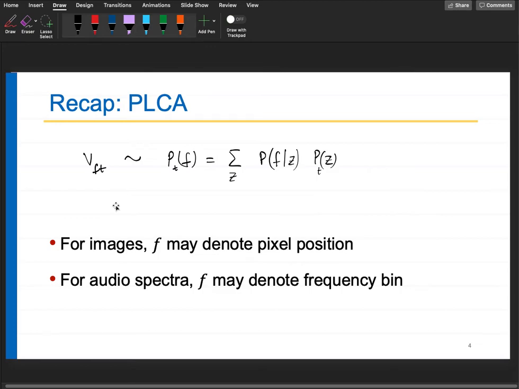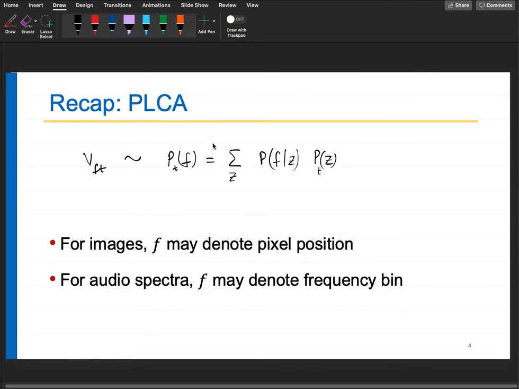Okay. So now my F may denote pixel position. T denotes different samples, different data vectors. And within each data vector, we have pixels, right? So F may denote pixel positions. And if it is audio spectra, then F may denote different frequency bins.